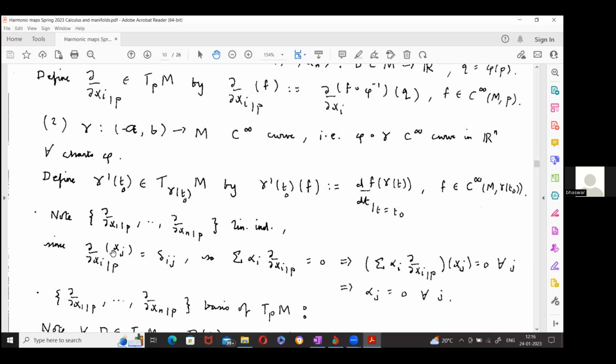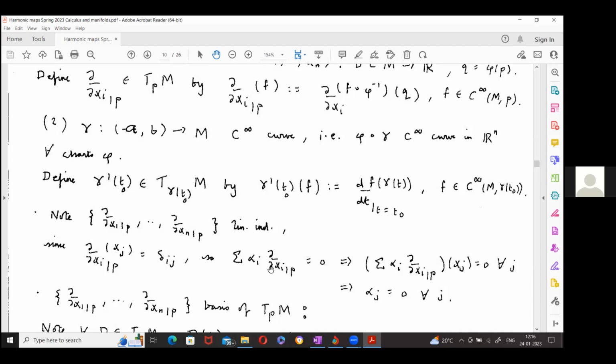So if I have a linear combination, summation alpha i del xi at p equal to 0, then I just apply this linear combination to xj. Then all the terms will drop out except for the jth term, and I'll get alpha j times 1. So that will give me that alpha j is equal to 0. And this is true for all j. So all the alpha i's are 0.